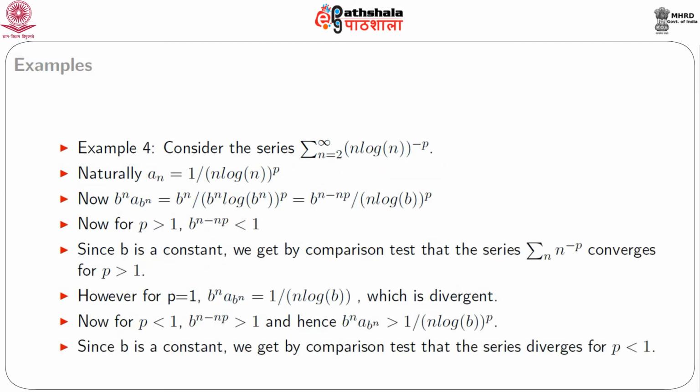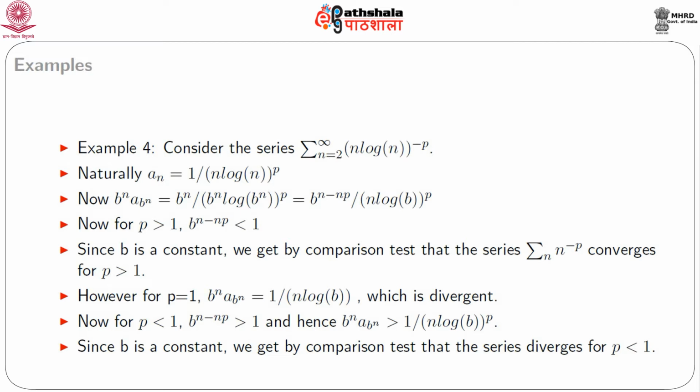Next, consider our new example. It is again a series with nth term (n log n) whole to the power minus p. Now again we shall use Cauchy condensation test. So we consider some b greater than 1 and take the term b to the power n multiplied by a_(b to the power n), which comes out as b to the power (n minus np) divided by (n log b) whole to the power p. Now for p greater than 1, b to the power (n minus np) is less than 1.